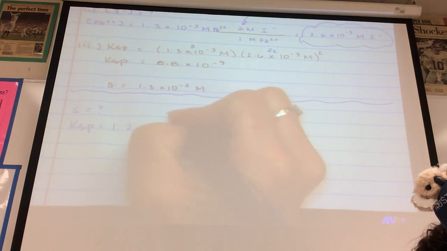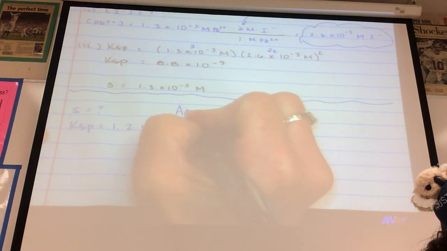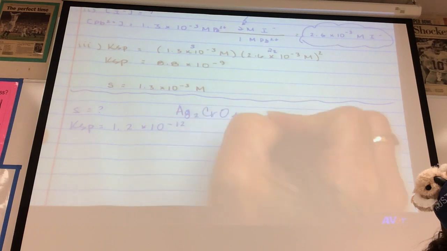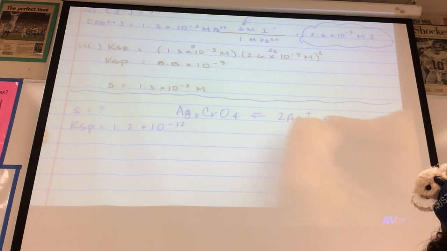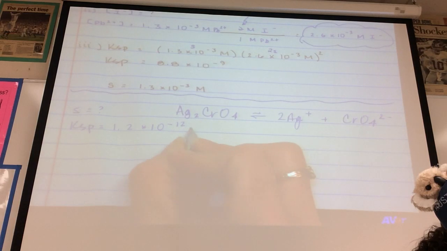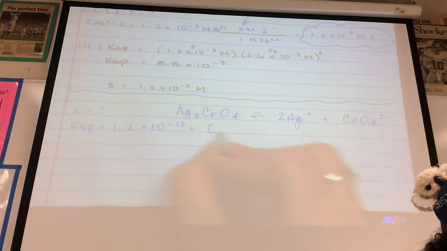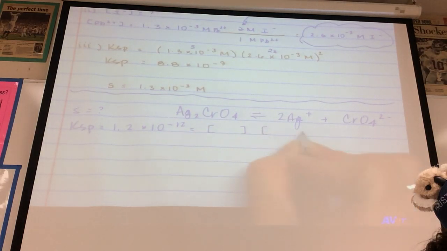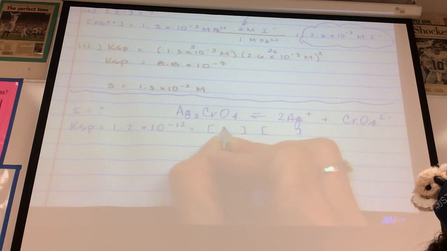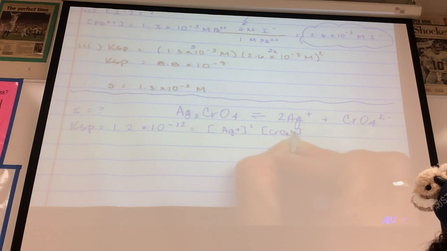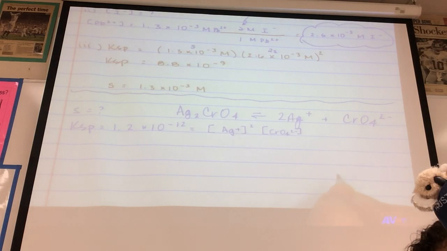Now silver chromate has two silver ion, 1 chromate ion. So my KSP expression would be what times what? Silver ion to the 2nd, chromate ion to the 1st. So S will be equal to the concentration of chromate ion.